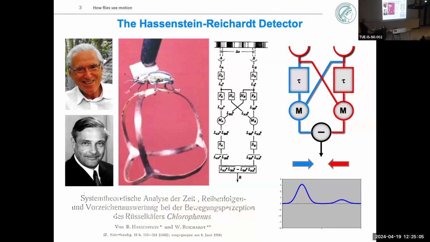This one has a strong response to rightward motion and a small one to leftward motion. The other one is the other way around: a small response to rightward motion, a large response to leftward motion. And when you now subtract the output of these two multipliers, you see a fully opponent signal, as we have seen before at the level of the tangential cells.